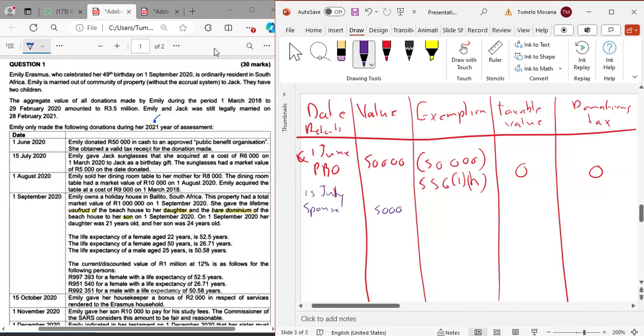So for donations purposes, it would be exempt from donations tax, because this is not essentially income. It is just you disposing of a gift to your spouse. Does it make sense?